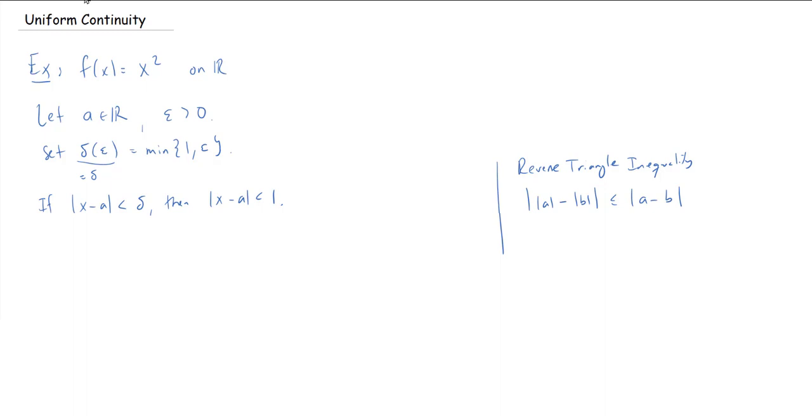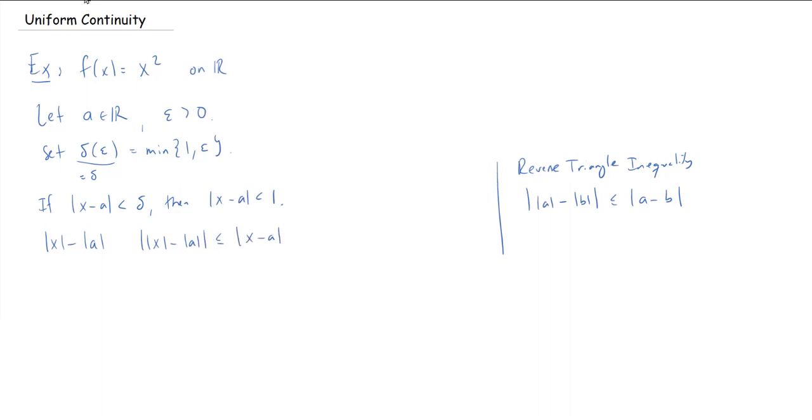In our case, let's take a look at the absolute value of x minus the absolute value of a. By the reverse triangle inequality, we know that this is less than or equal to the absolute value of x minus a.